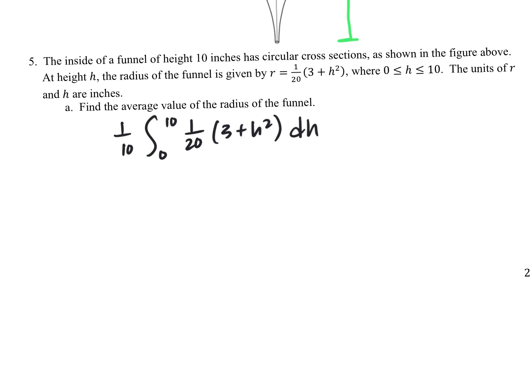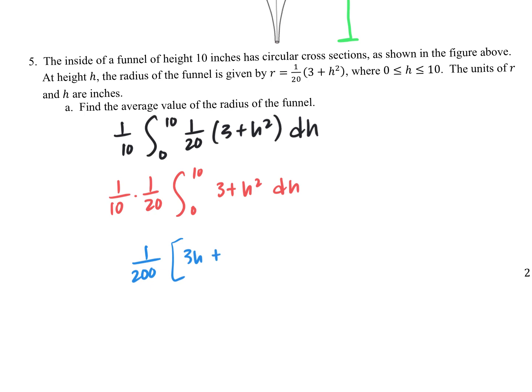So I already had a 1/10 out there, and I could just say times that 1/20th. Make our lives easier. Or you could have just said 1/200th. Either way, they're good with it. Sound good? Antiderivative of 3. 3h. Well said.